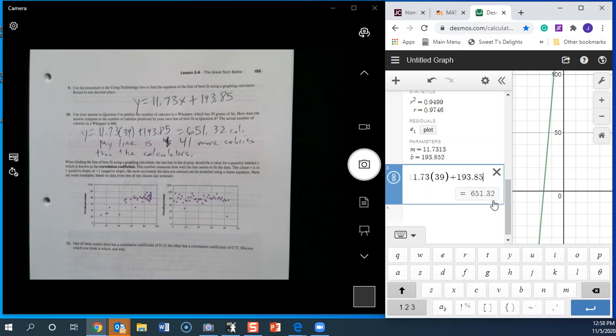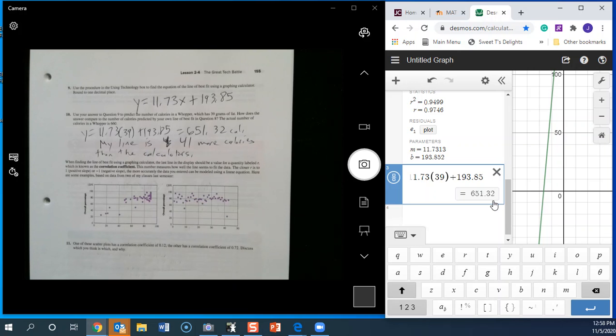Here are some examples based on data from 2 of my classes last semester. One of these scatter plots has a correlation coefficient of 0.12. The other has a correlation coefficient of 0.72. Discuss which you think is which and why.